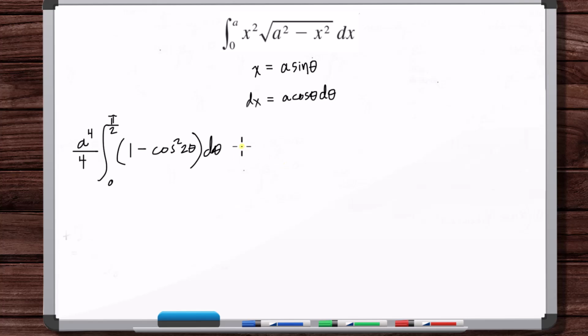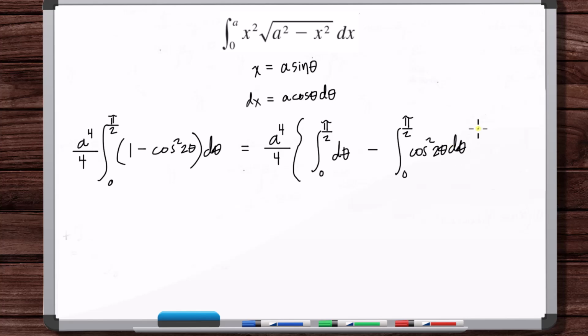Okay, so we've got, we could do the integral from 0 to pi over 2 of d theta minus the integral of cosine squared 2 theta, like that.